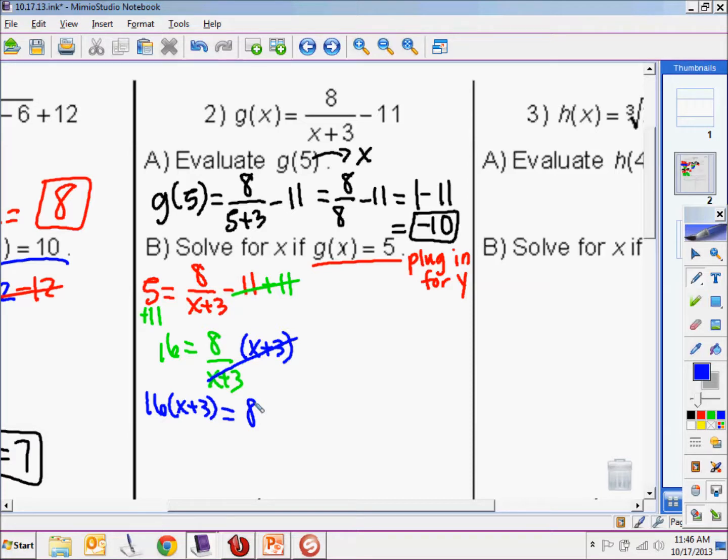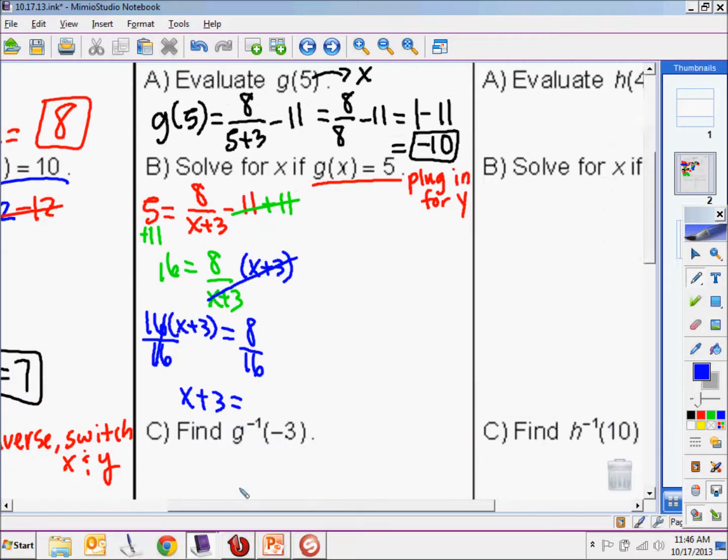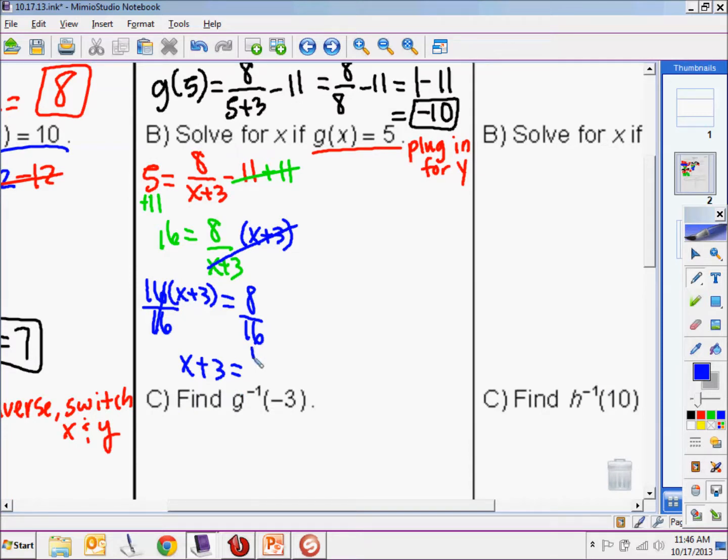So if I divide by the 16, I'm now left with x plus 3 equals what? 0.5. Is it okay if I write it as 1/2? And then my final step would be to subtract the 3. So when I subtract the 3, I'm left with x equals 1/2 minus 3.